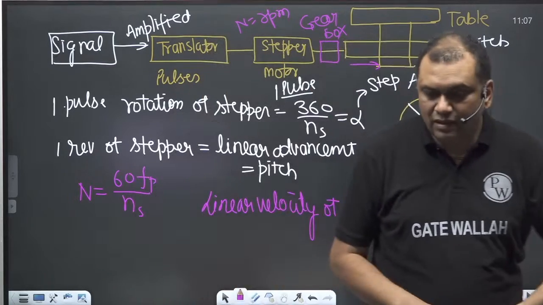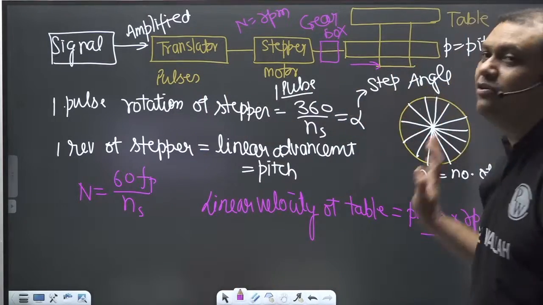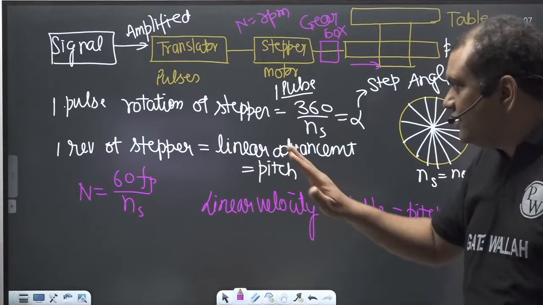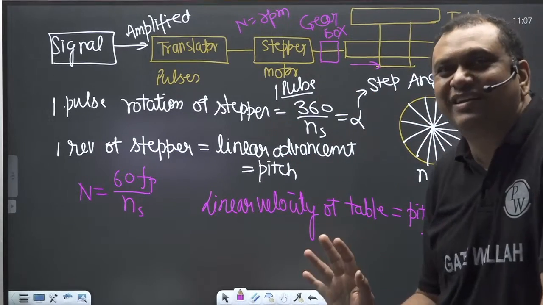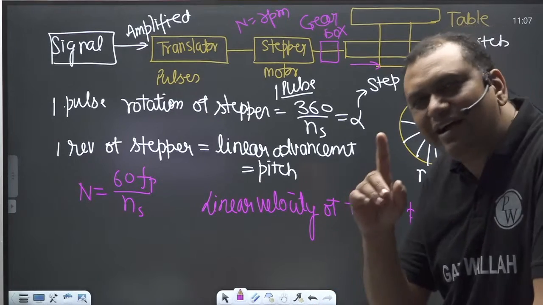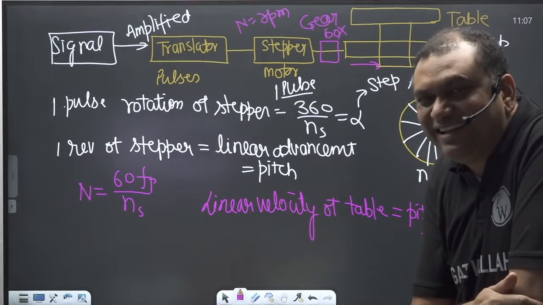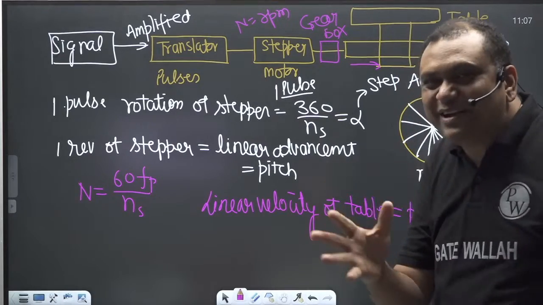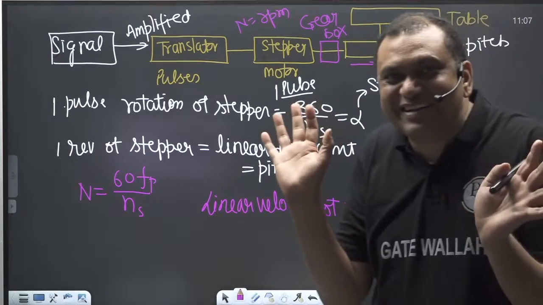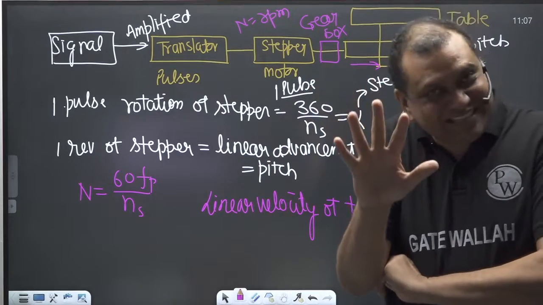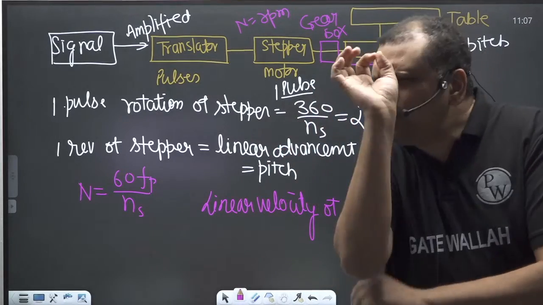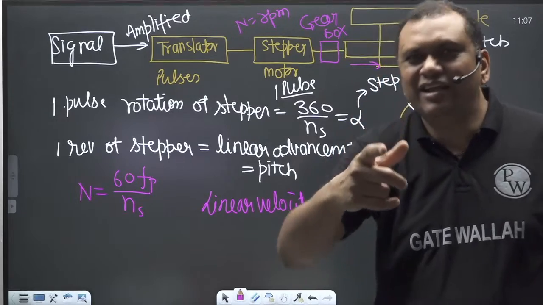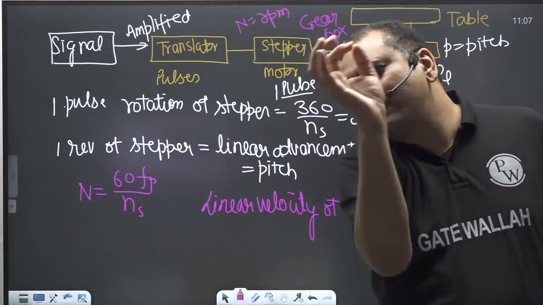So if you understand this overview of stepper motor, I am 100% sure you can hit every single problem. I have spoken only for 5 minutes. If you know these basics, 100% guaranteed, every stepper motor problem you can hit.